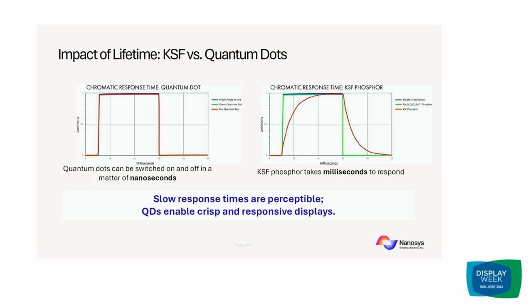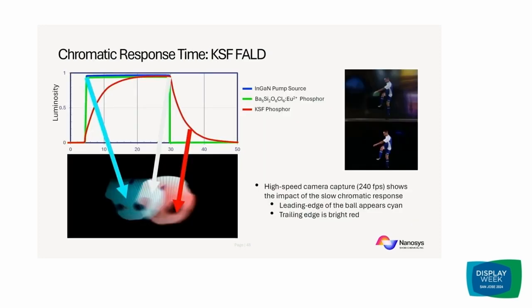It's not just a measurement that you see on a graph. If you see these displays in person, you can see that there are effects. So one of these I was going to highlight has to do with the movement of images that are white. So this particular example here has to do with the movement of a soccer ball across the screen.